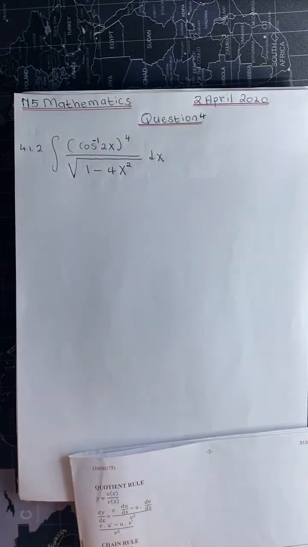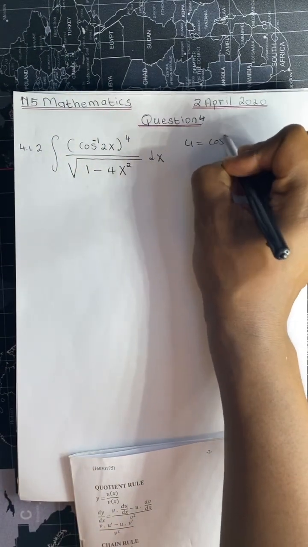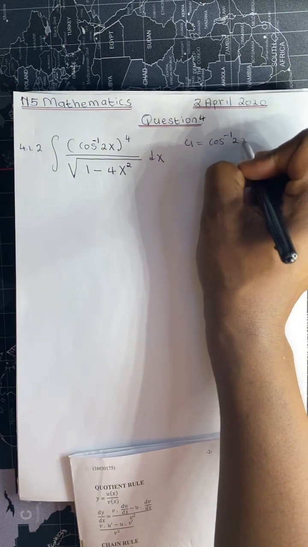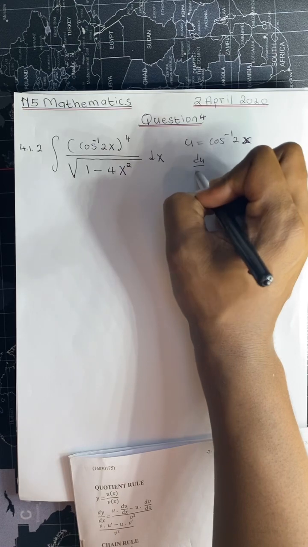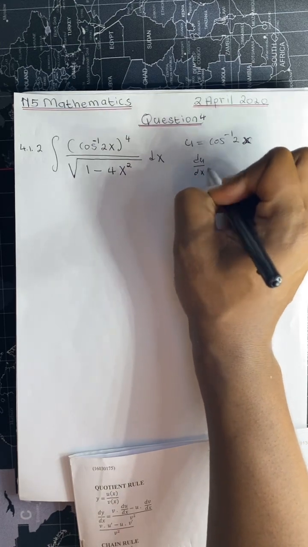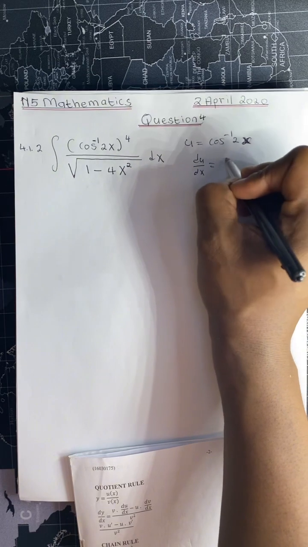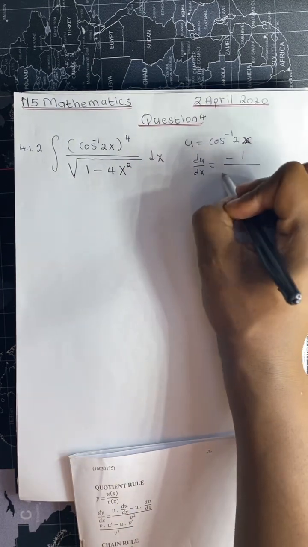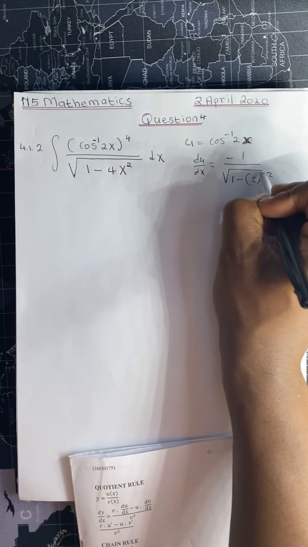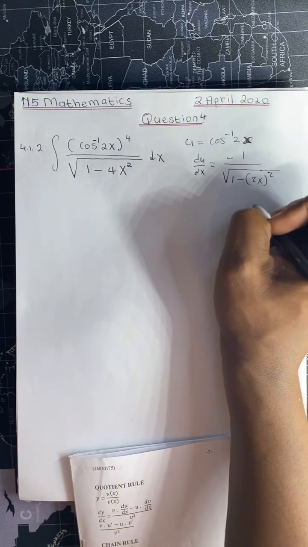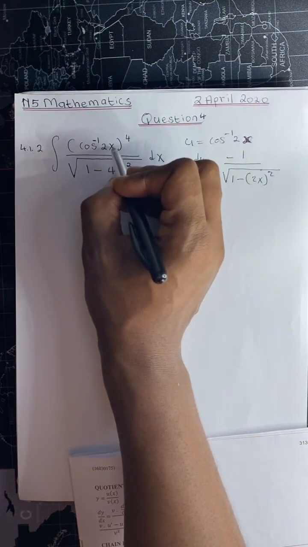So we let u equal arc cos of 2x, then we differentiate u with respect to x. The derivative of this arc cos will be equal to negative 1 over the square root of 1 minus 2x raised to the power 2, and we also have to differentiate this 2x according to the chain rule.